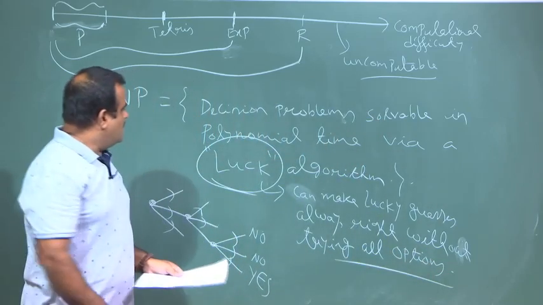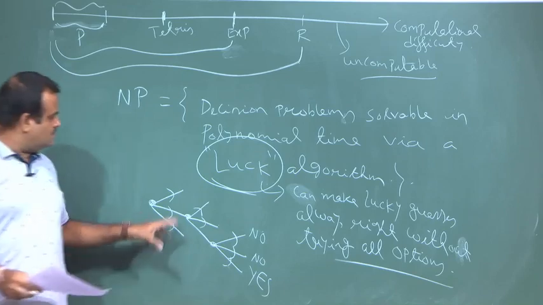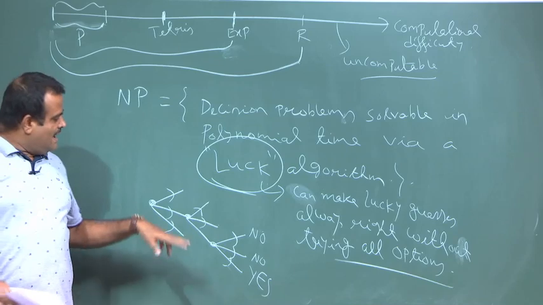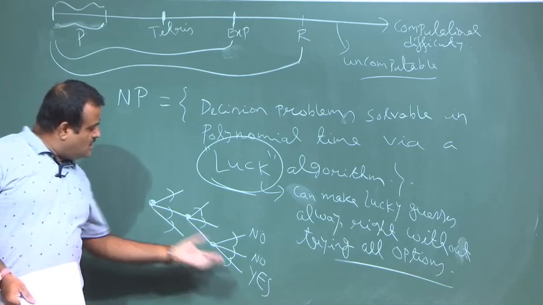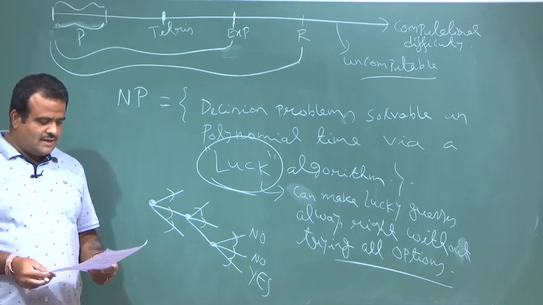This is what is referred to as a lucky algorithm. We are not going through all paths, we are picking one path, and it happens to be a lucky choice, that will lead us to the answer yes.